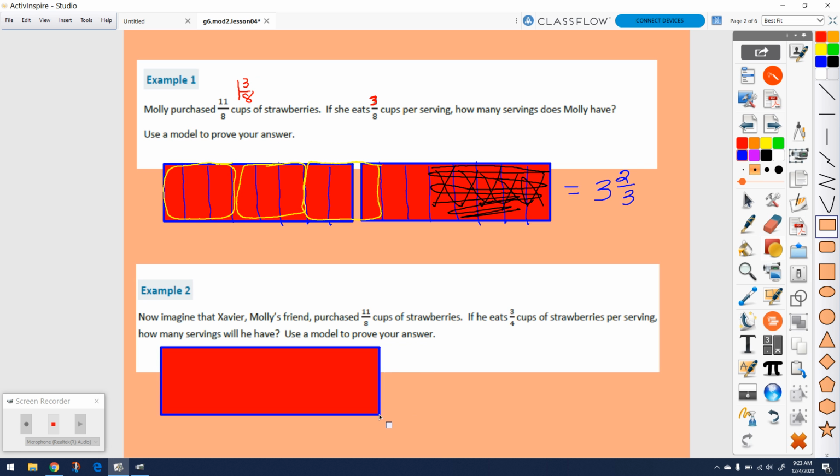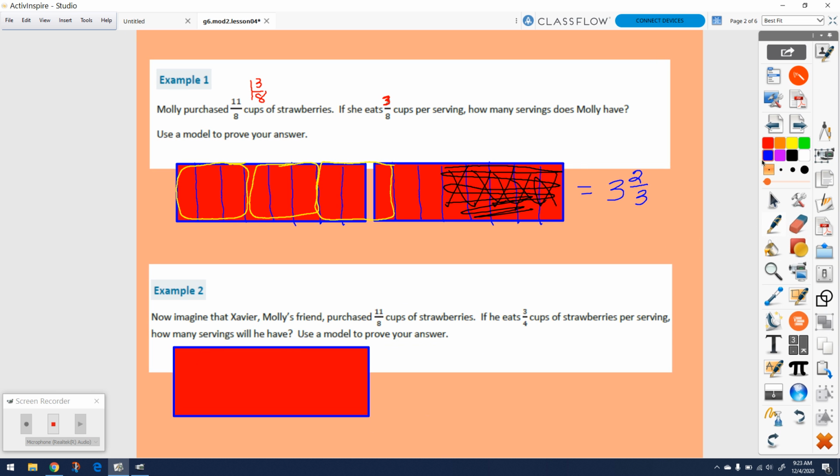Let's draw it. We have the same exact shapes as above. So I'm gonna still divide it into my 8. There we go. And again, we have to have 2 of those, or at least 3 extra.